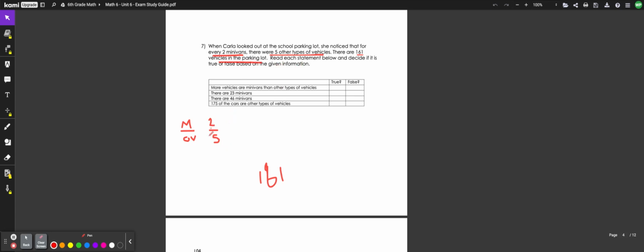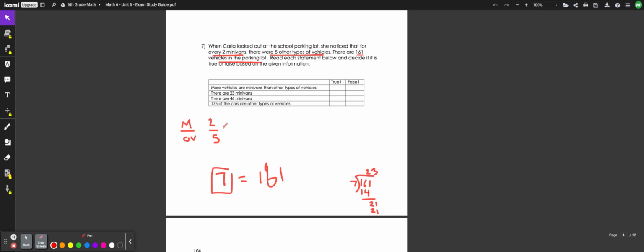Well, the total number of parts that we have here is 7, because 2 plus 5 is 7. That means these 7 parts are equal to the 161 total number of vehicles in the parking lot. So what does that mean? That means to find out what one part is equal to, we would divide 161 by 7, and that would give us each part that we're looking at is equal to 23 vehicles.